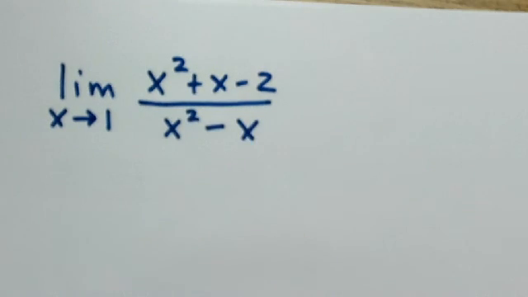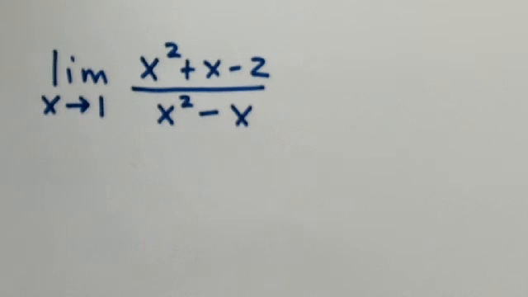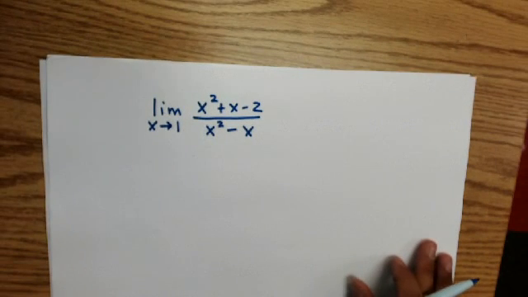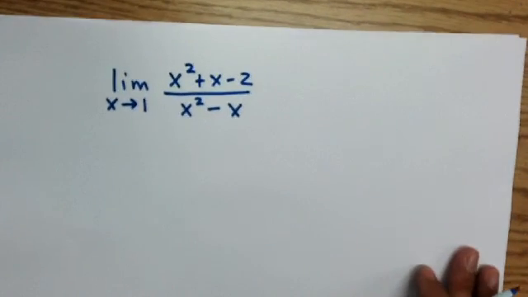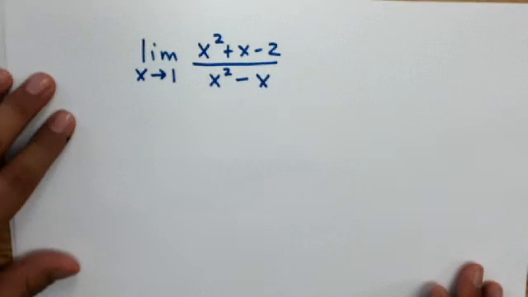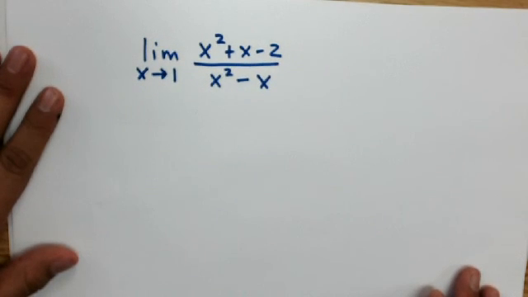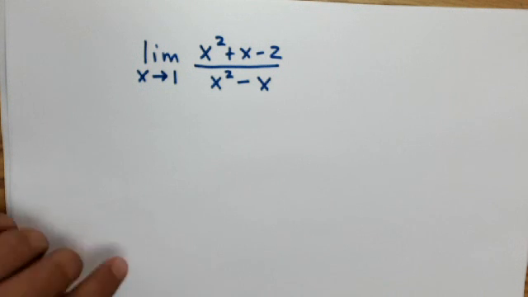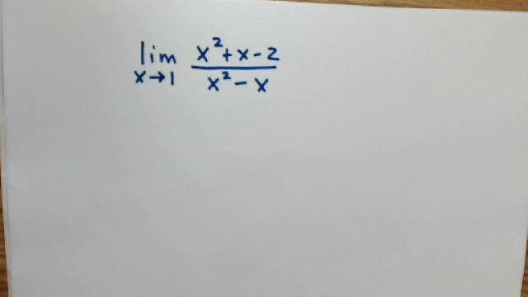Let's see. What would be your initial thought in evaluating this limit? What would be your initial thought while approaching this, let's say without the calculator? What's the first step in evaluating the limit?